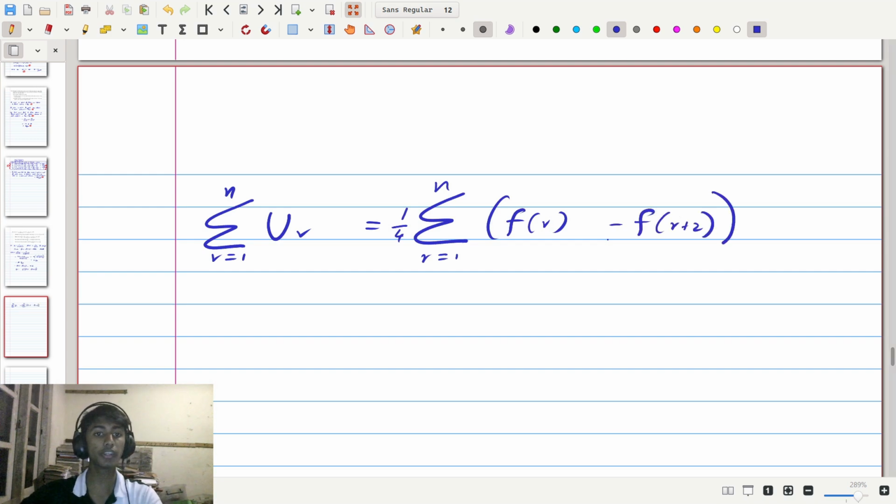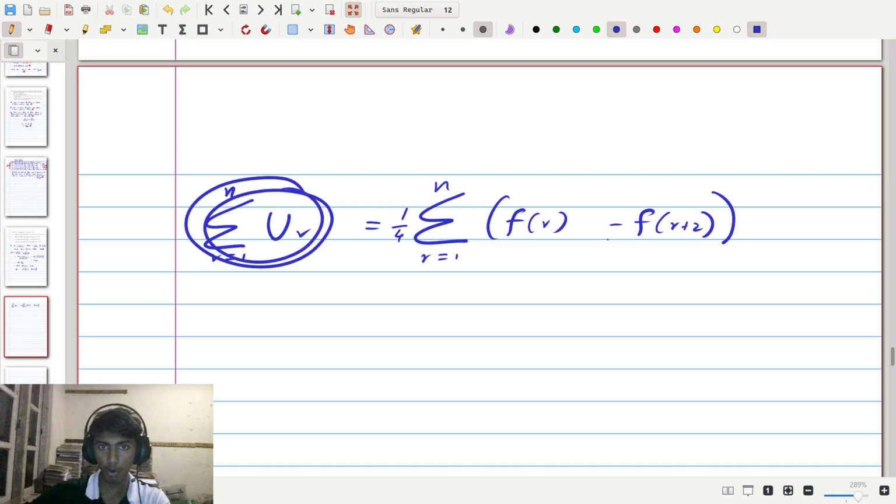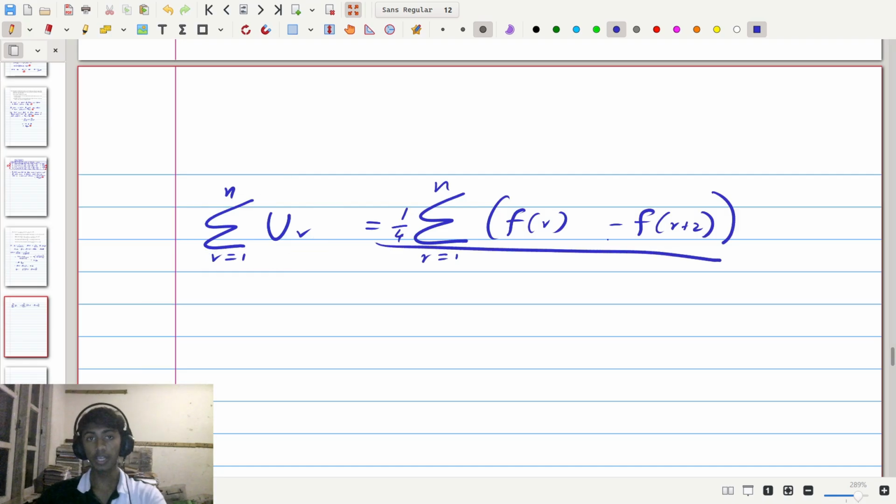And therefore we can see on the left hand side we have the sum that we want, on the right hand side we have something else that is going to create a telescoping sum.